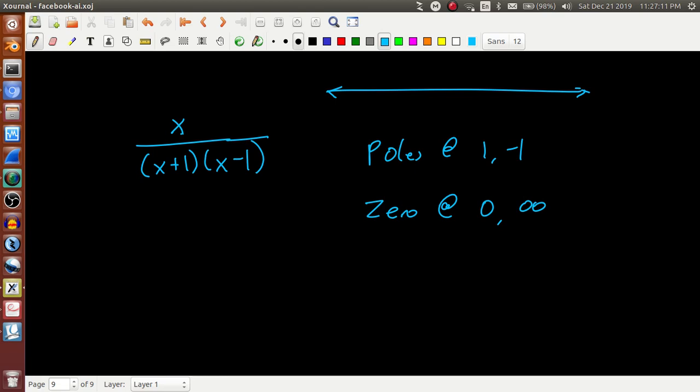When x goes to infinity, the denominator is dominated by the x squared, so it's like x over x squared, which is 1 over x, and we have a 0. So we can characterize a standard rational function by its poles, and also, if we put a square here, then this would be the +1 pole. This would be a second order pole.